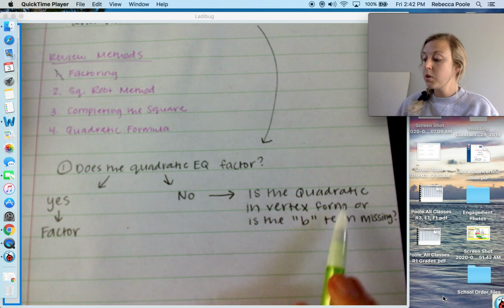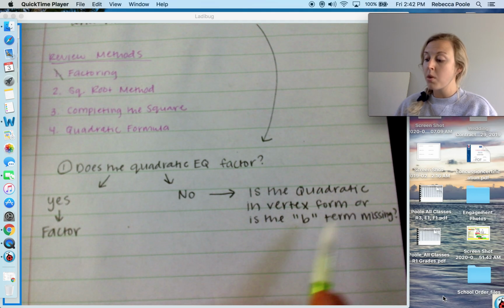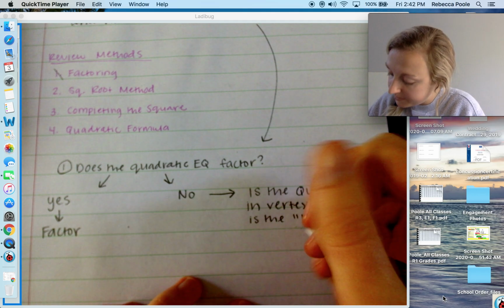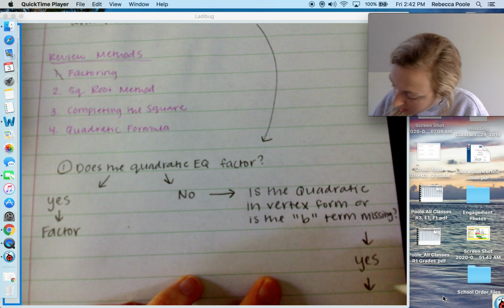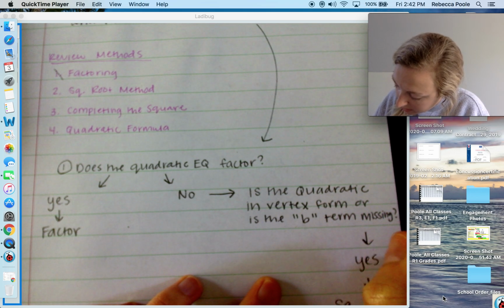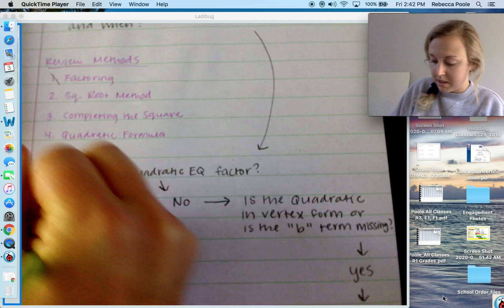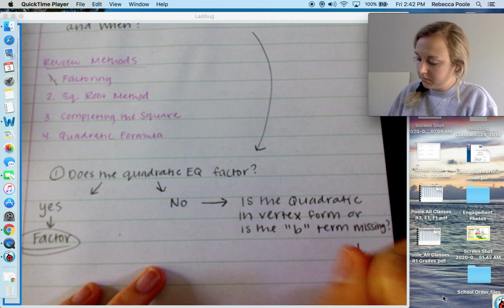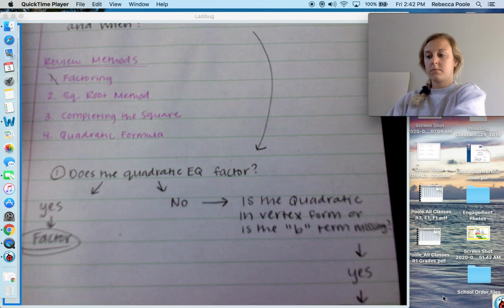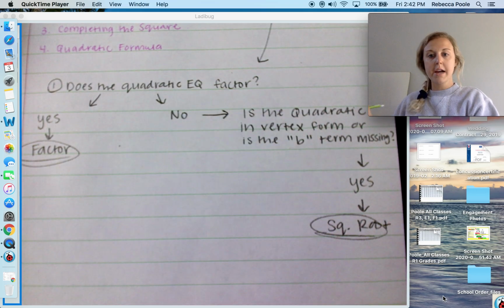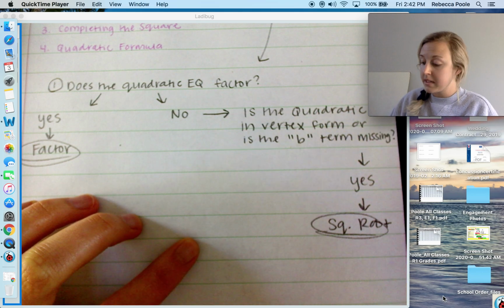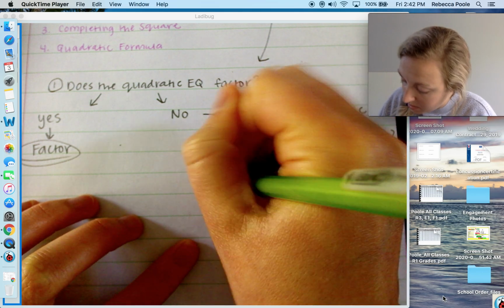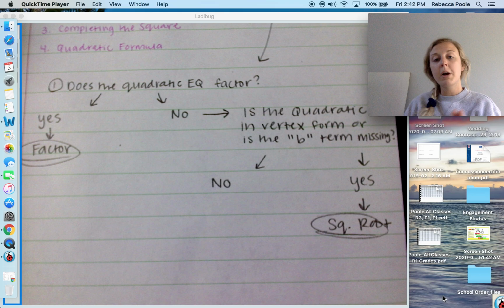So if the quadratic is in vertex form or the B term is missing, if your answer is yes, then we want to do the square root method. And I'm going to circle these. All right. Now, if it's not in vertex form or we're not missing the B, so the answer would be no, then this is where it gets tricky.